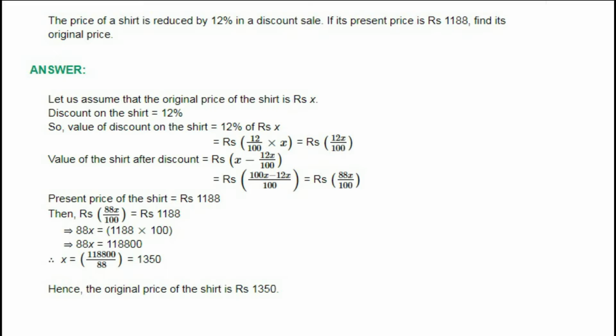So we will form an equation where we will find the value of X. So we are writing 88X by 100 equals to rupees 1188, right? So that is the value of the shirt after discount. We are equating, and in the equation we are finding the value of X as 1350. So the original price of the shirt is rupees 1350.